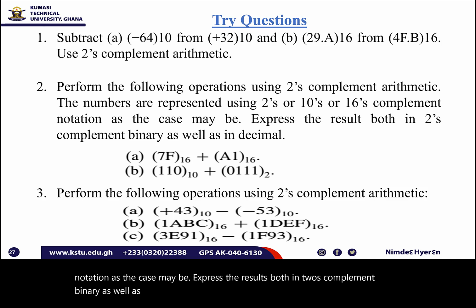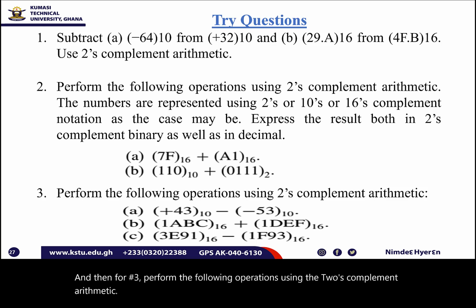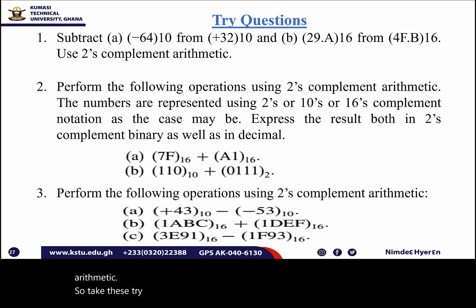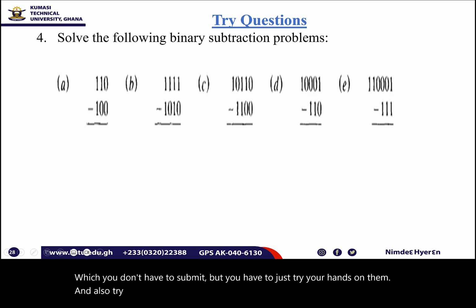And then for number 3, perform the following operations using the 2's complement arithmetic. So take these questions as an assignment, which you don't have to submit, but you have to just try your hands on them. And also try your hands on question number 4 as well.